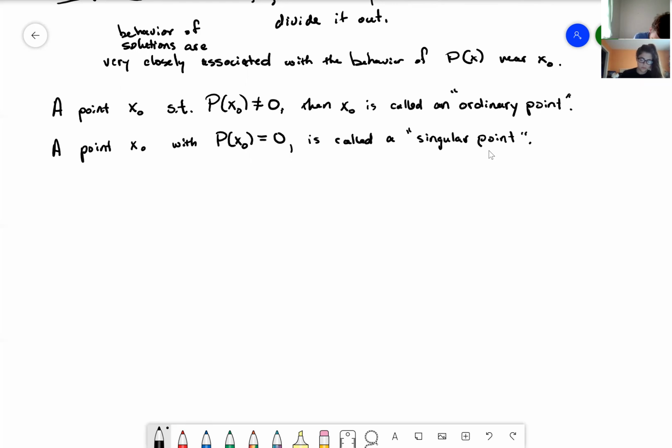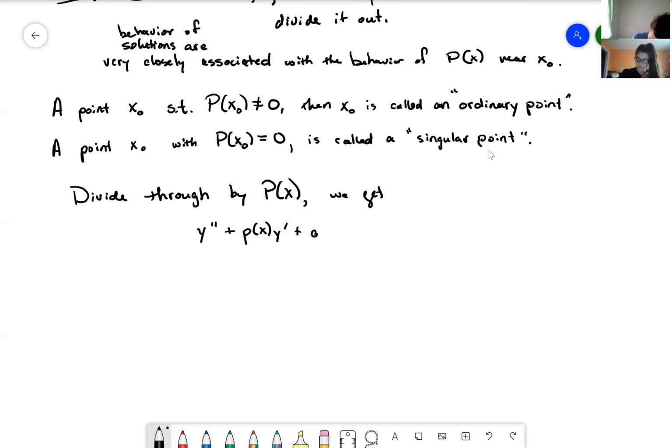So if we divide through by capital P of x, then we get y double prime. Now the coefficient there is just 1. Plus little p of x y prime plus little q of x y equals 0.